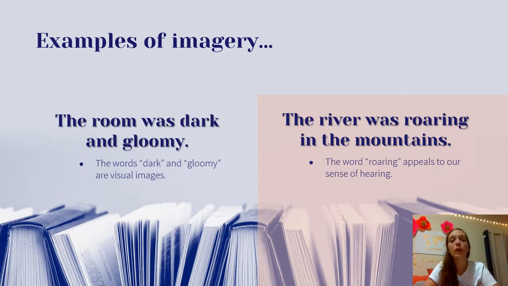Look what the next one says in the little pink box above, right there. The river was roaring in the mountains. Roaring isn't painting a picture with your eyes. It's almost like you can hear it. Roaring is like rah, right, with the lion. So now you can already picture that this river is roaring, which means it's a strong one. It has rapids. It's like hitting the rocks.